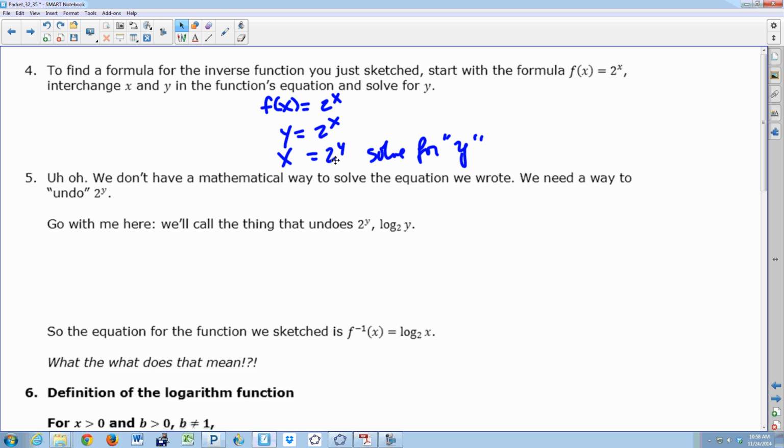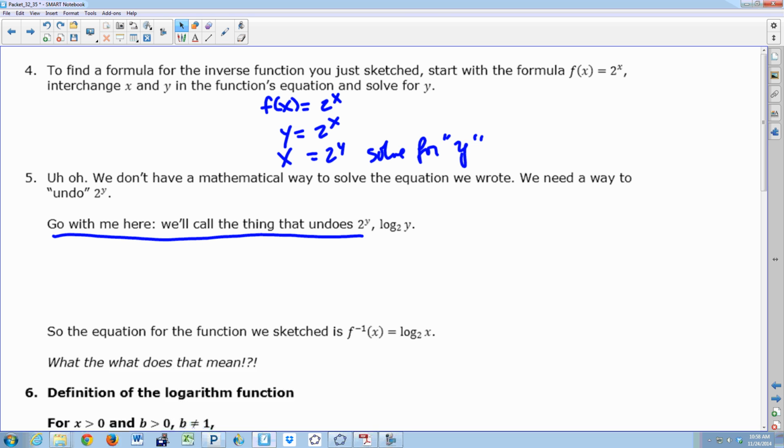Uh-oh. We don't know mathematically how we solve this equation for y. We need to undo the exponentiation 2 to the y. So I'm going to ask you to go with me here for 1 minute or maybe 2, and I'm going to tell you how we undo it.